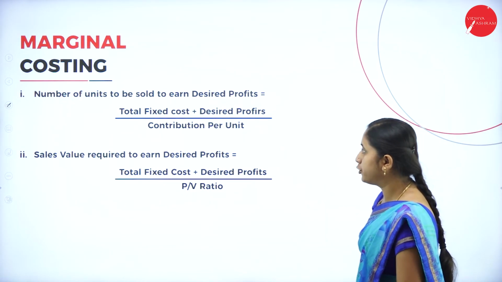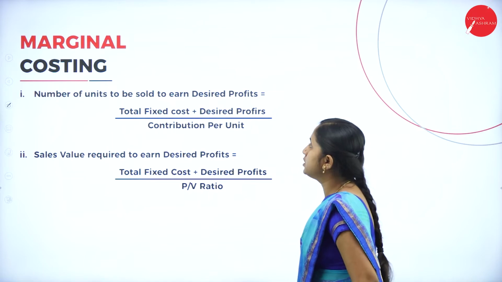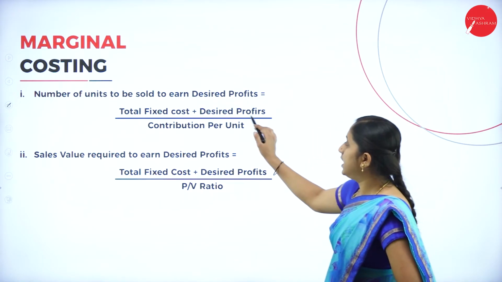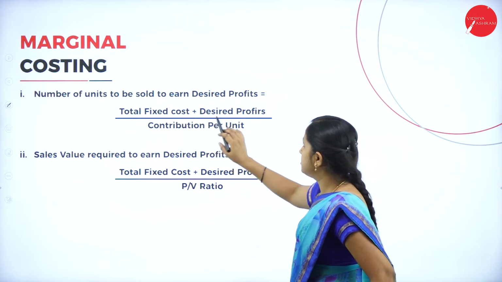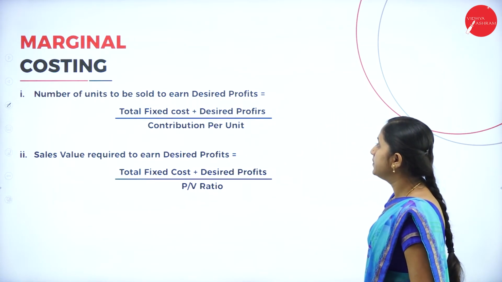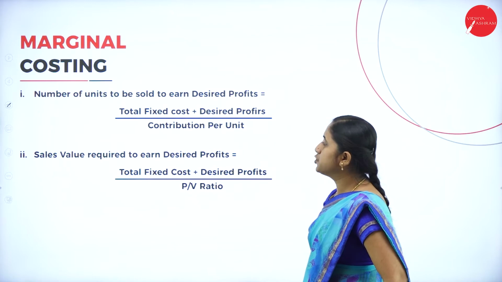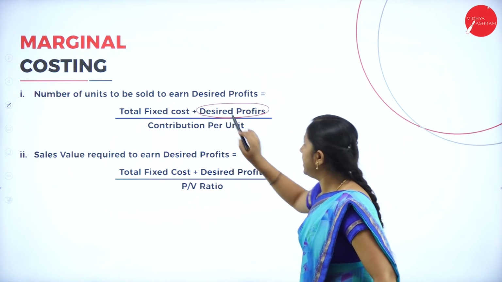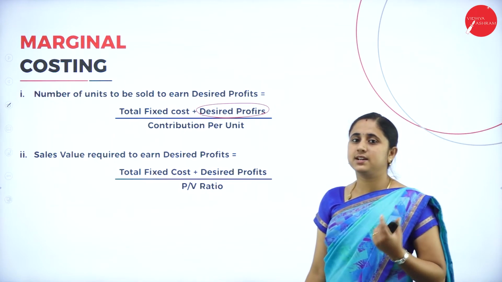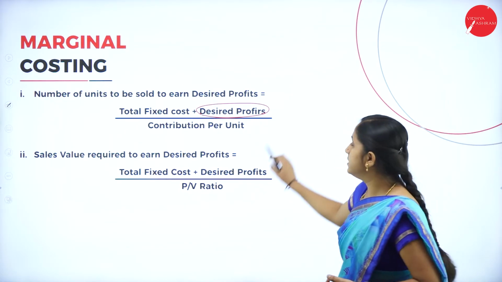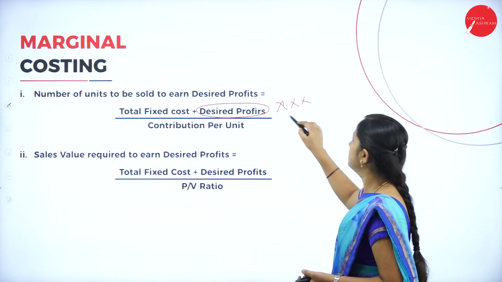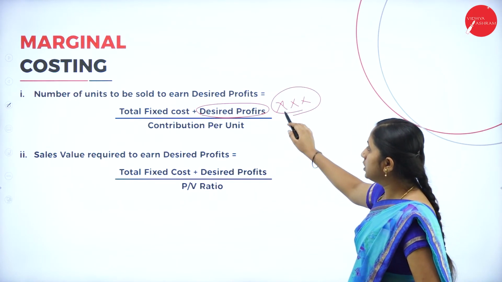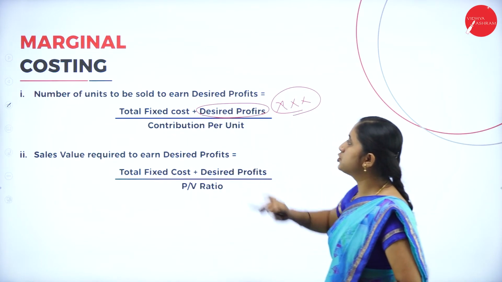Next you have one more formula, the number of units to be sold to earn desired profit. For that: total fixed cost plus desired profit divided by contribution per unit. Here they only give the desired profit. That means the company desires to earn this much profit. So you need to calculate the number of units to be sold.